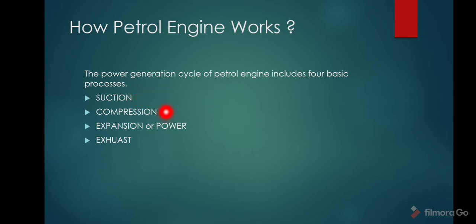During compression, the mixture is being compressed. Then we initiate the spark and combustion gets started. As a result, the expansion process takes place, and from this process we get the power output. And finally, during the exhaust, the combustion product is thrown out of the cylinder.